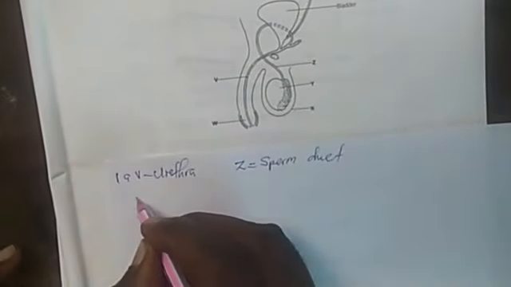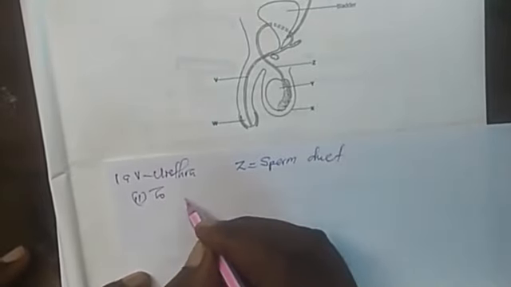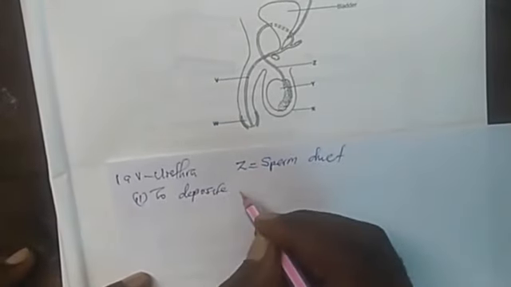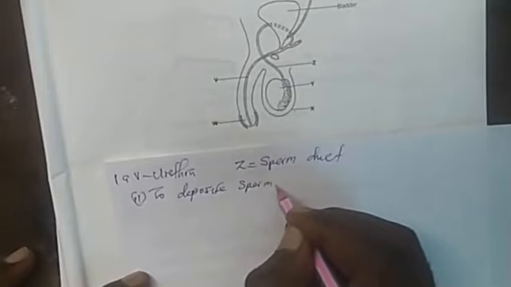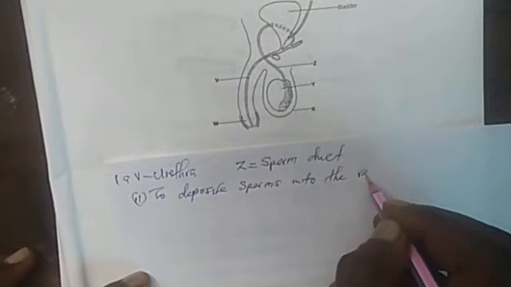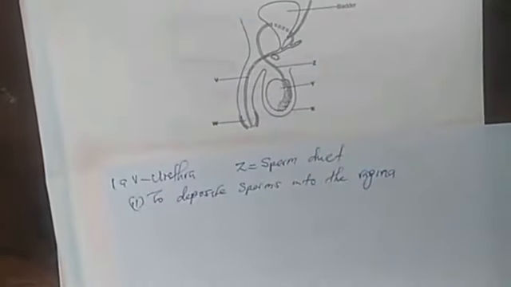So we can say, okay, number A2, to deposit sperms into the vagina, so that the sperms can swim upwards through the cervix, and then the woman can get pregnant. So it will be with the help of the penis. So that is the function of the penis.